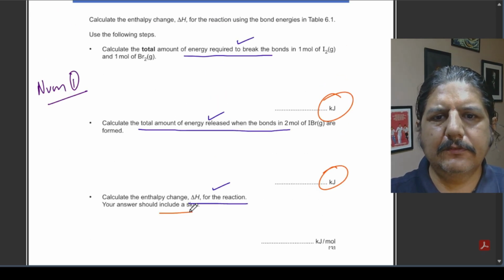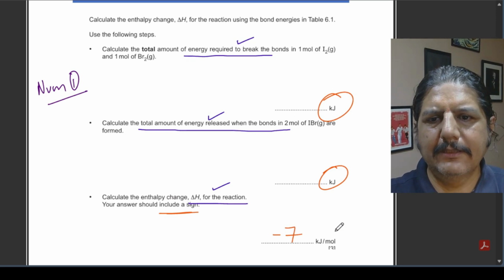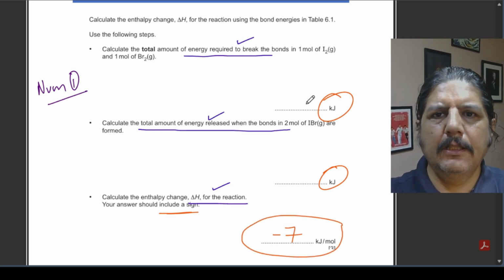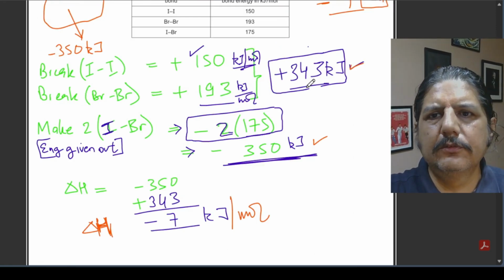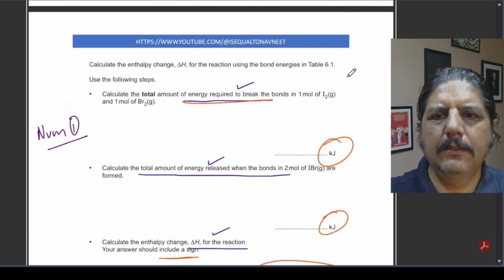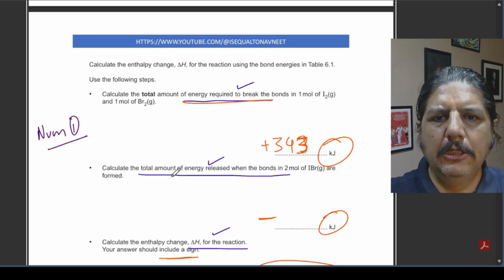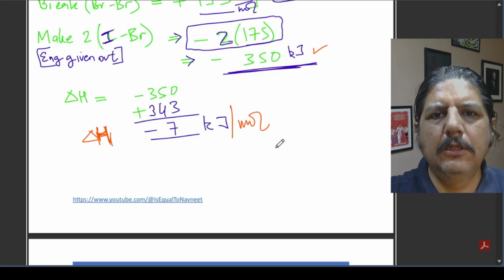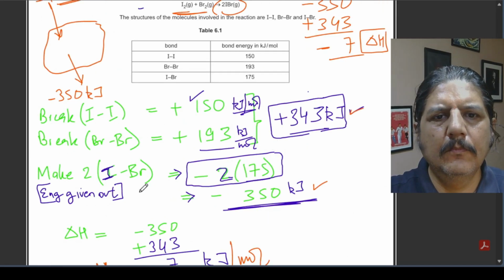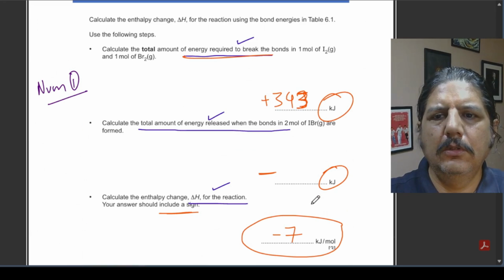They are asking for the sign also. So our answer would be minus 7 kilojoule per mole. Energy required to break the bonds is plus 343 kilojoule, and total amount released is minus 350 kilojoule.